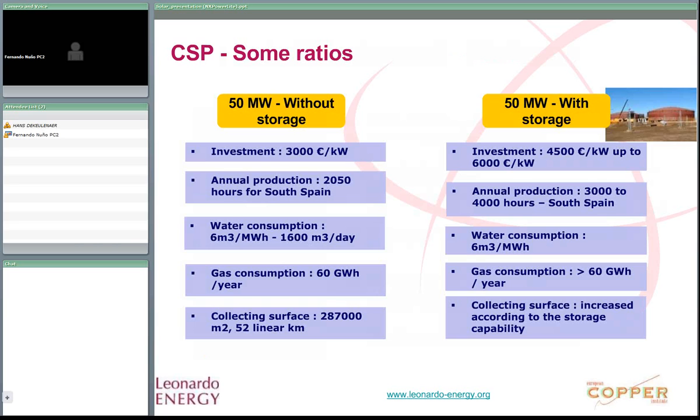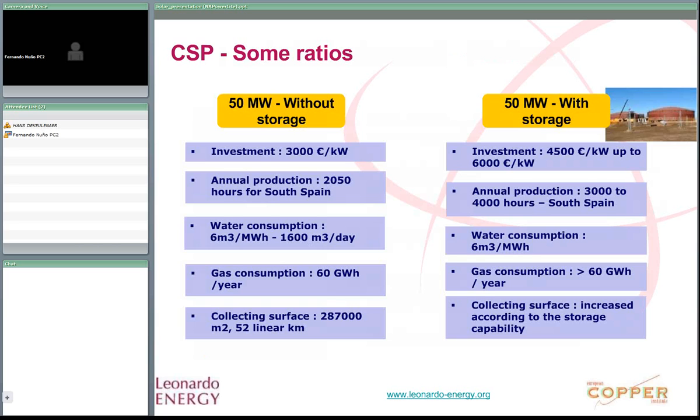This is wet technology, so water is used to cool the condenser, and then usually with wet cooling towers, based on water evaporation. There is also, as we showed before, a possibility for dry cooling, but with lower performances.